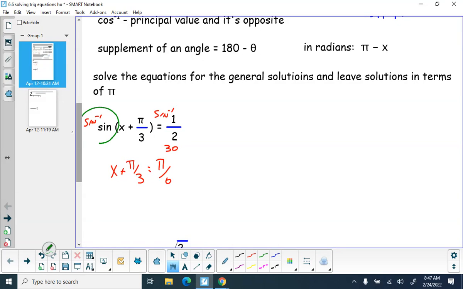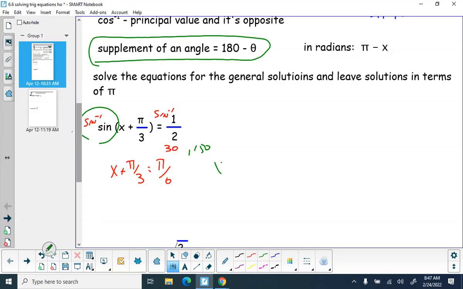But since we took the inverse sine, we also have to worry about a second value. If I take the inverse sine, we also have the supplement. Which would be what, Amber? What's the supplement to 30 degrees? 150.